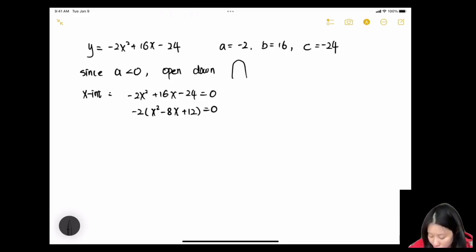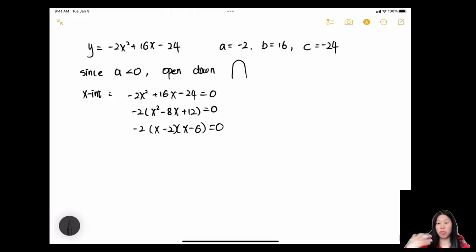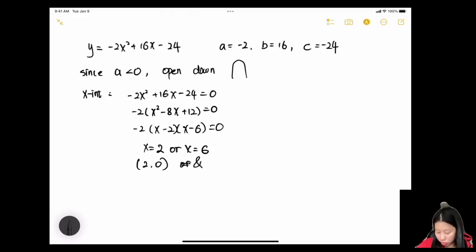So I have x minus 2 times x minus 6 equals 0. AC method, factor it. If you don't remember, go back to chapter 7 to do some review. So I have x either equals 2 or x equals 6. So my x-intercepts are 2, 0, and 6, 0.